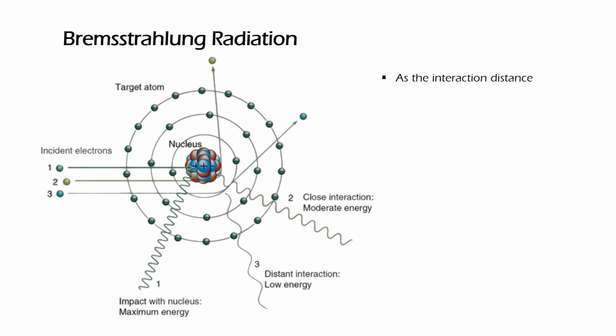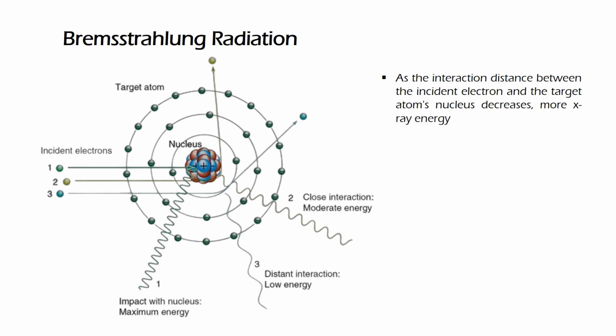As the interaction distance between the incident electron and the target atom's nucleus decreases, more X-ray energy is generated. When the distance is zero, as illustrated by the incident electron 1 in the figure, all its kinetic energy is converted to produce the maximum Bremsstrahlung photon energy.